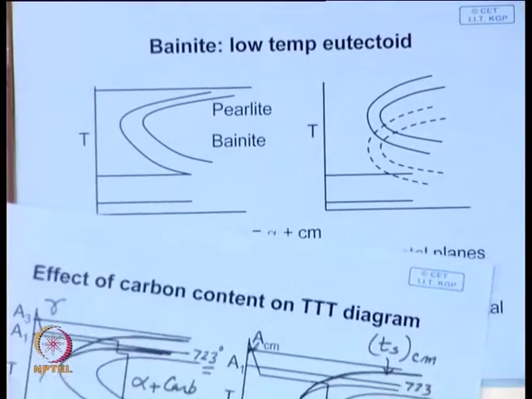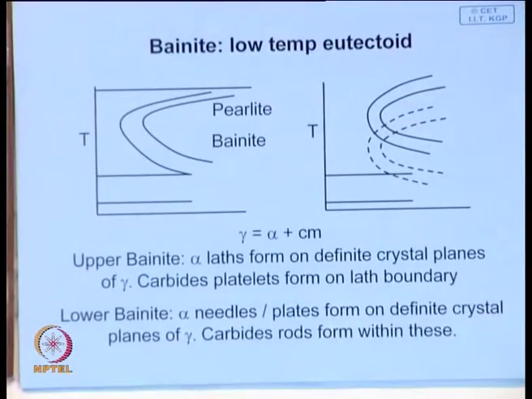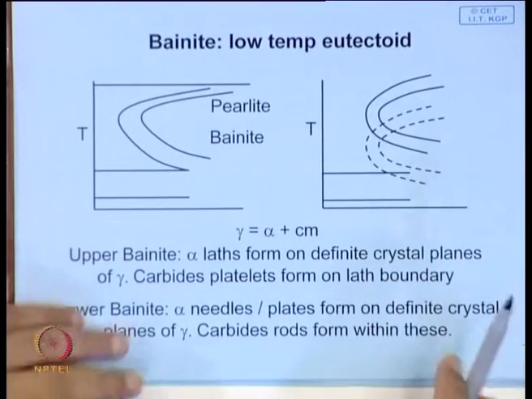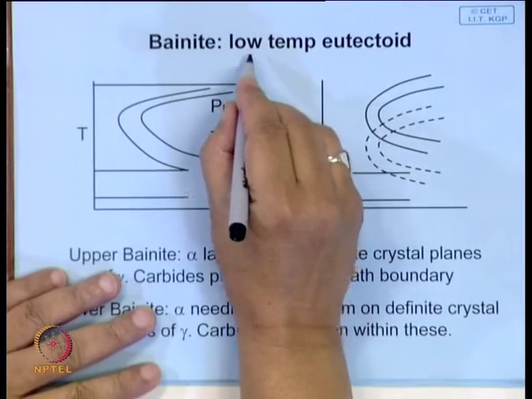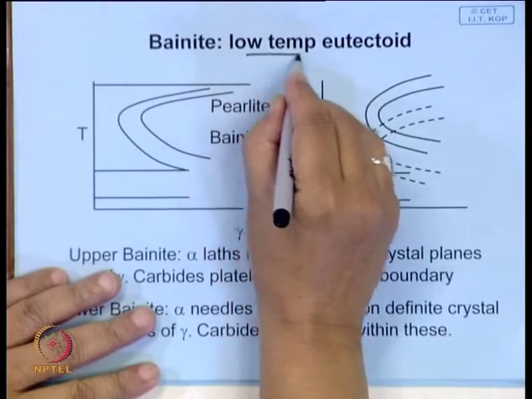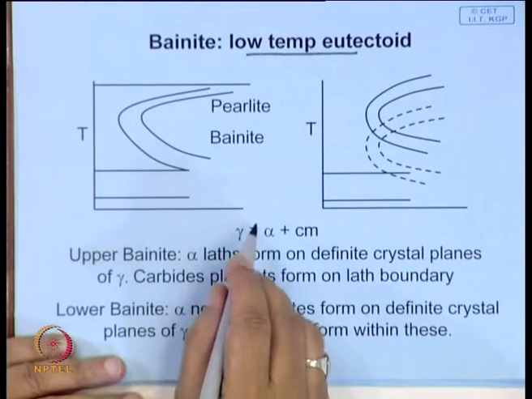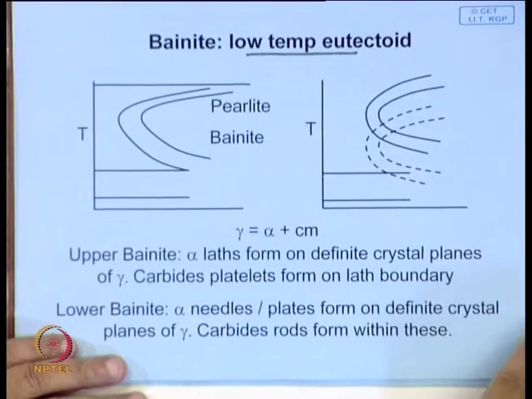Now, we talked about bainite, and bainite is also a eutectoid product. It is a low temperature eutectoid product. When your undercooling is very large, diffusivity decreases significantly.